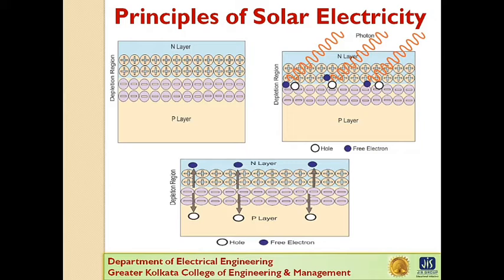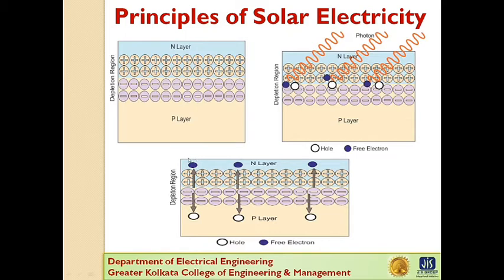For that purpose, we make the N-type semiconductor layer of the junction very thin, less than 1 micrometer thick. The top layer is the N layer, which we generally refer to as the emitter of the cell.